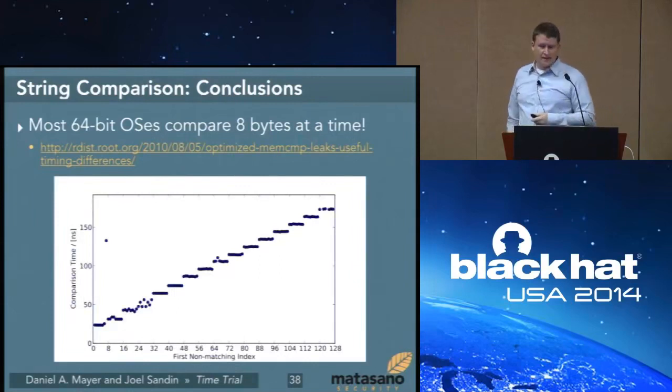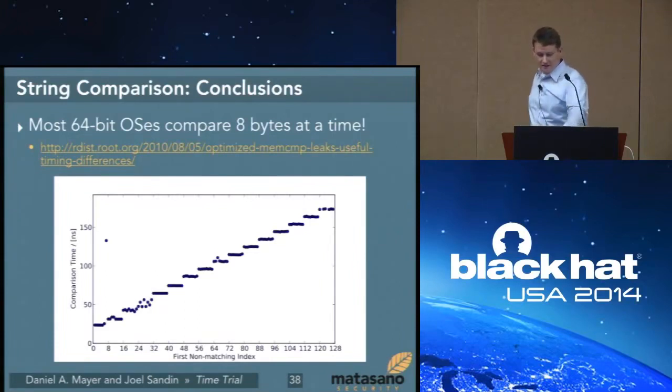If we look at string comparison in Java, on the x-axis we're comparing two strings and the first non-matching index, the first non-matching byte. And the y-axis is the total execution time of the comparison. We don't see a smooth increasing line here. We don't see this smoothly tracking the index itself.